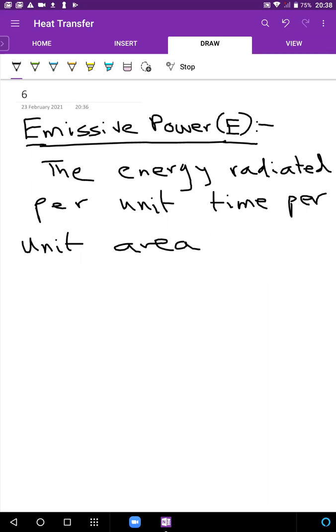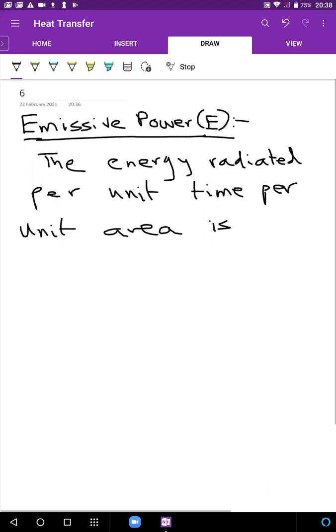This is the emissive power of a substance.